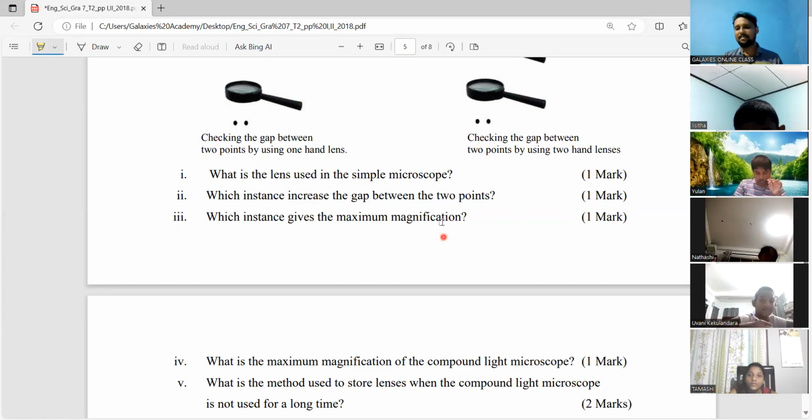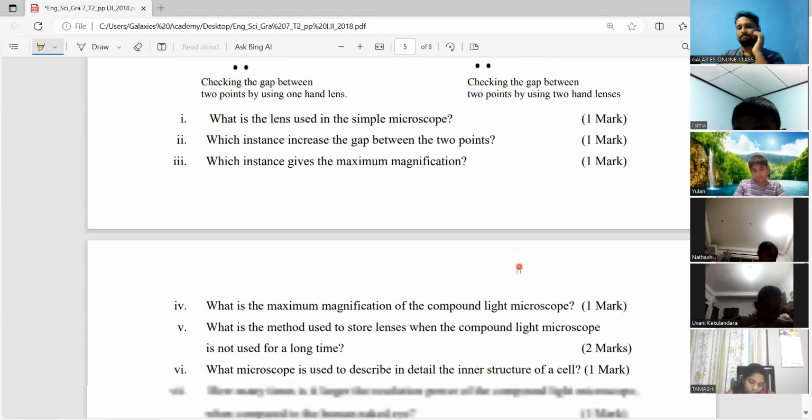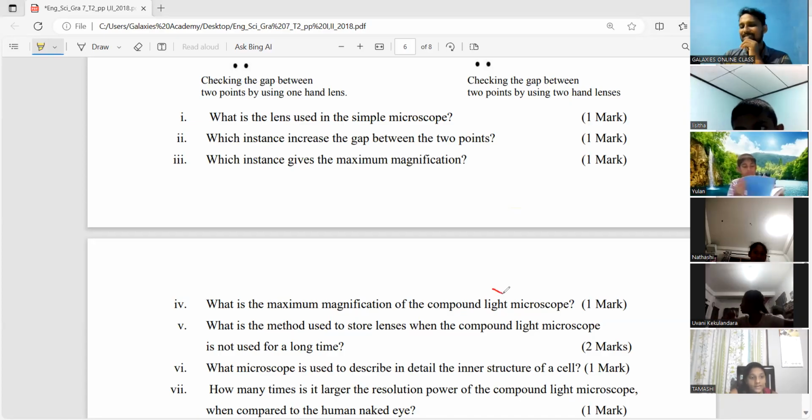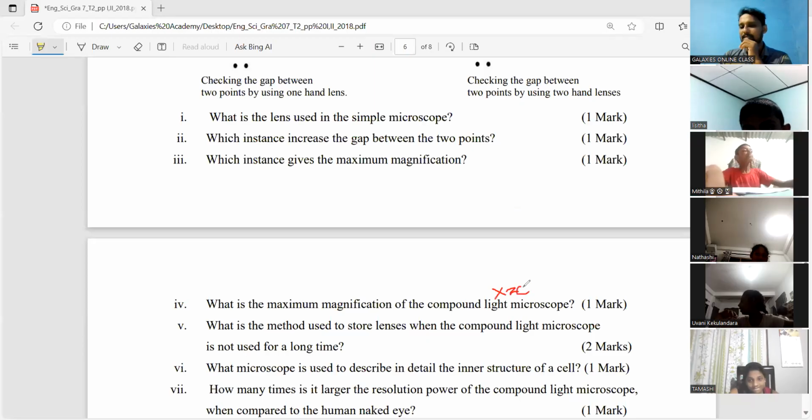Right? Second and third, same answers. Can you tell me what is the maximum magnification of a compound light microscope? Do you remember? 2000 times. Yes, 2000 times. It is the maximum magnification of a compound light microscope.